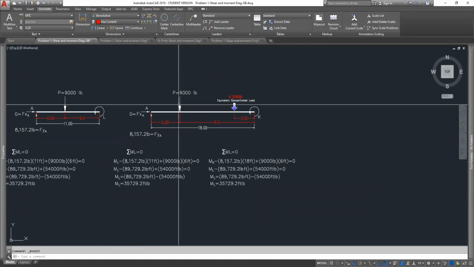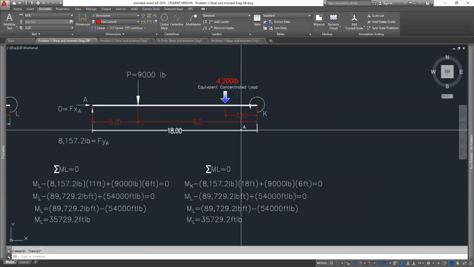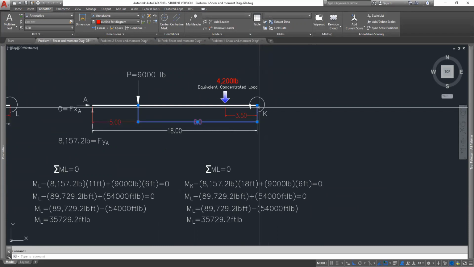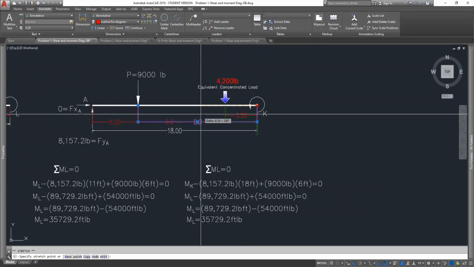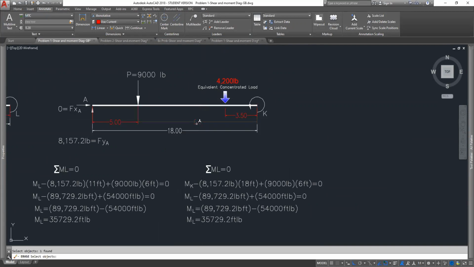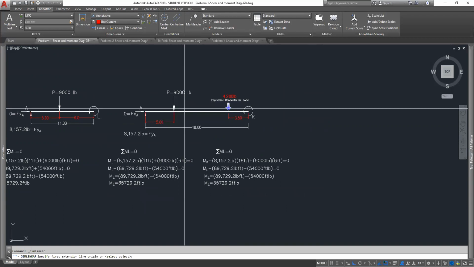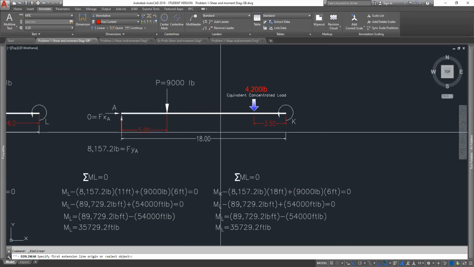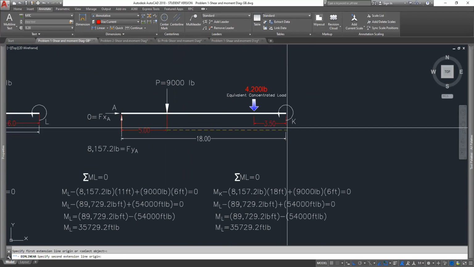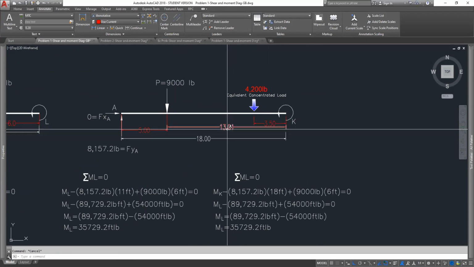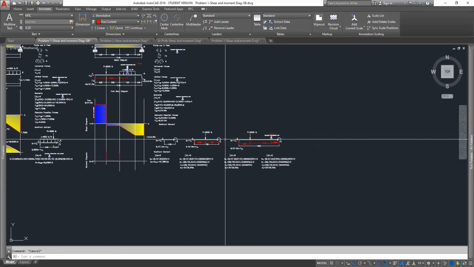This force is now, I think because I changed this value, let's go ahead and delete this in here. All right, so we've got to take this guy. Its distance from K is going to be 13 feet from that location.